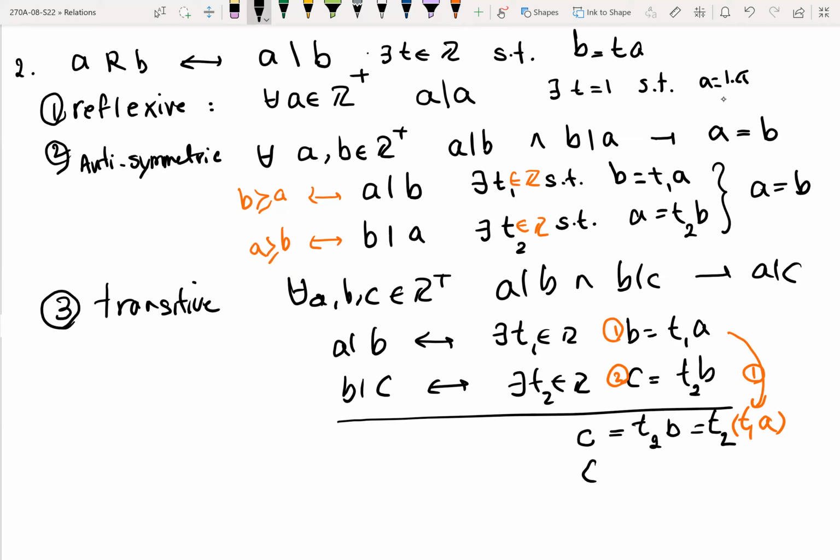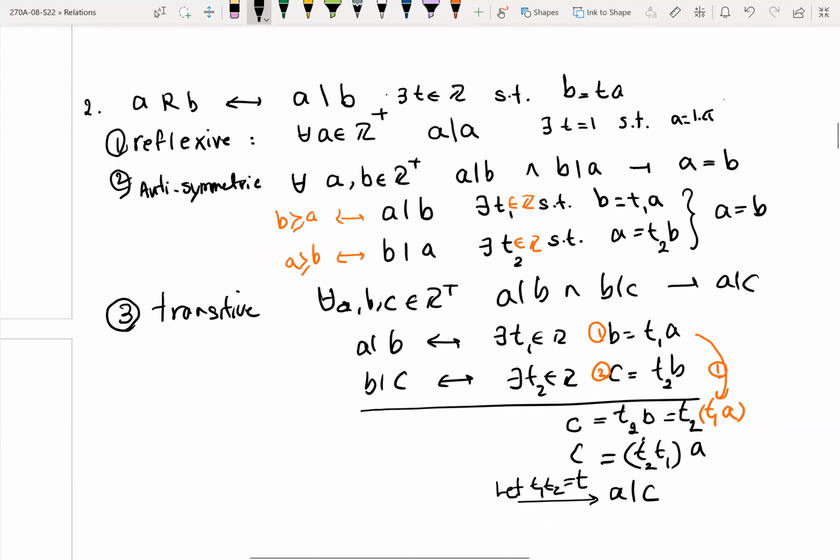So then C equals T2 times T1 times A. Put these two together, so this is the same as A divides C, with only one T. So then A divides C, okay?